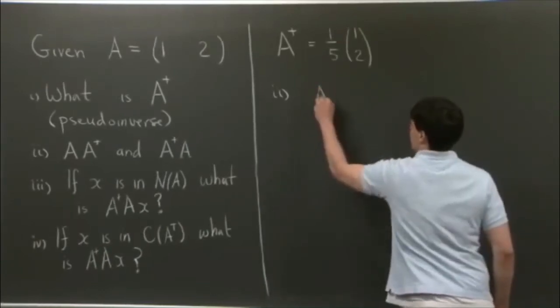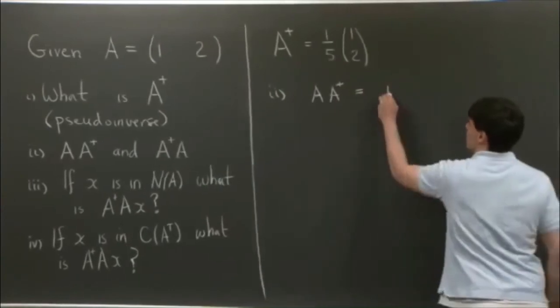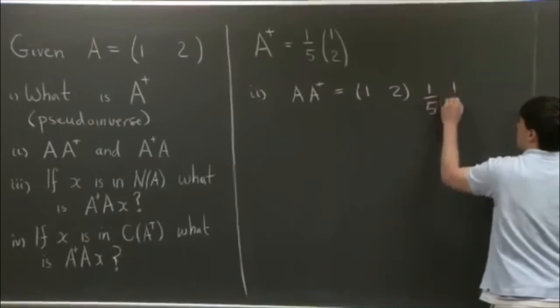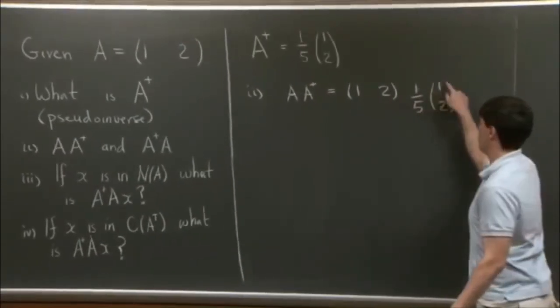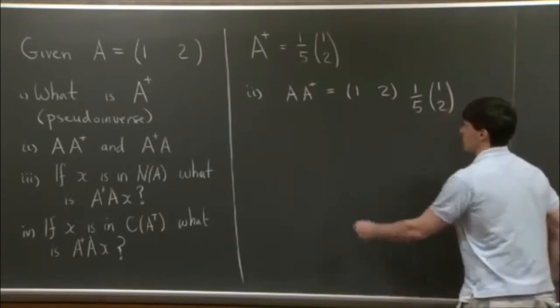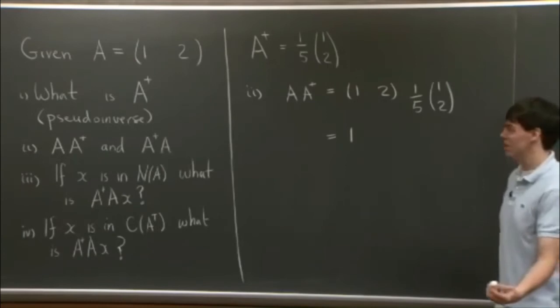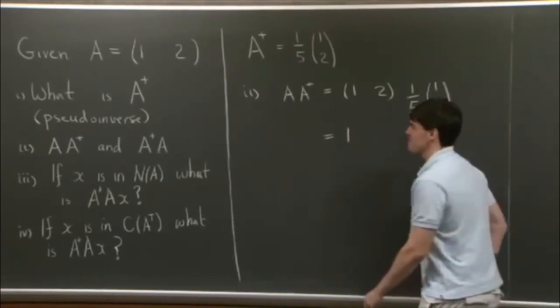A plus we can do fairly quickly: 1/5, 1, 2. And when we multiply it out, we get 1 plus 4 divided by 5 is 1. So we just get the 1 by 1 matrix, which is 1, the identity matrix.